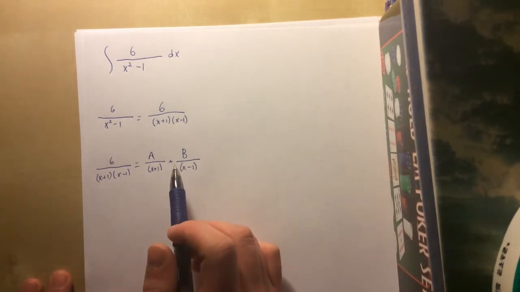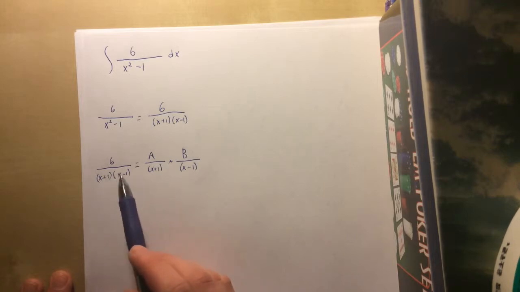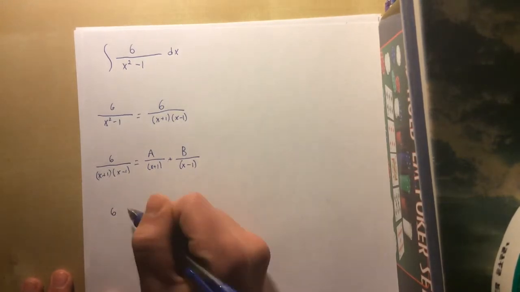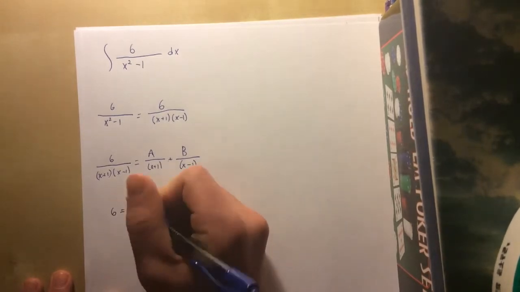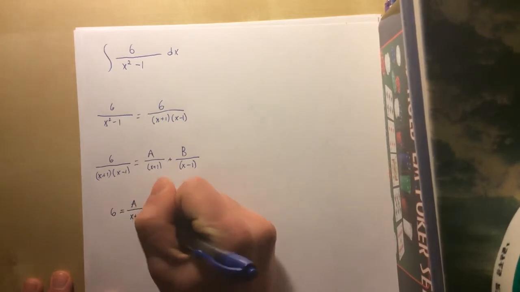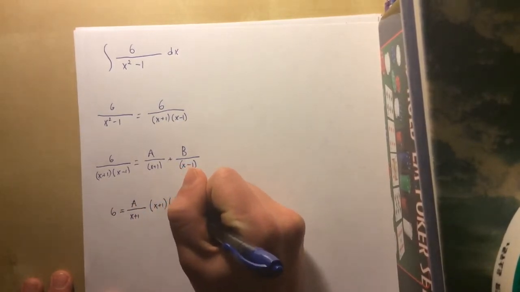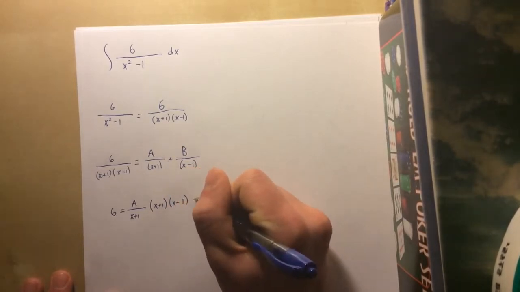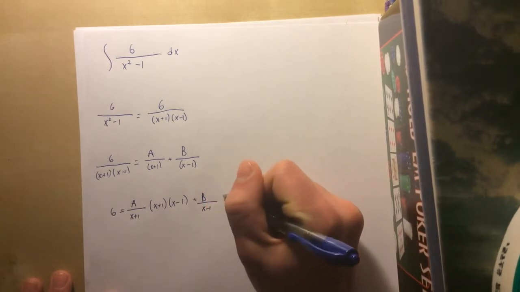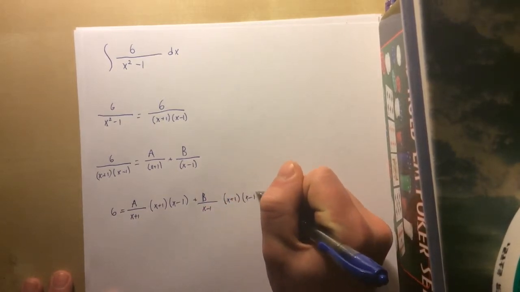Now we're going to multiply both sides by the whole denominator. On the left side, we just get 6. And on the right side, we get a over x plus 1 times x plus 1, x minus 1, plus b over x minus 1 times x plus 1, x minus 1.